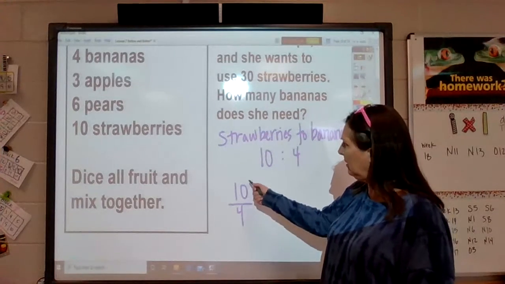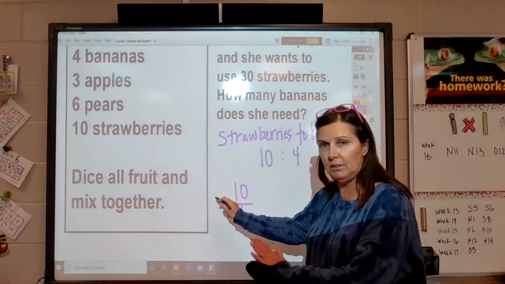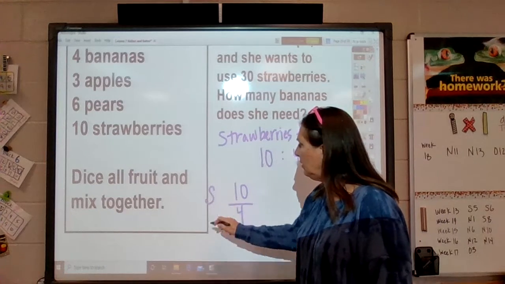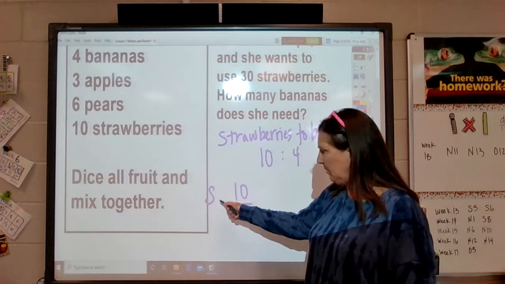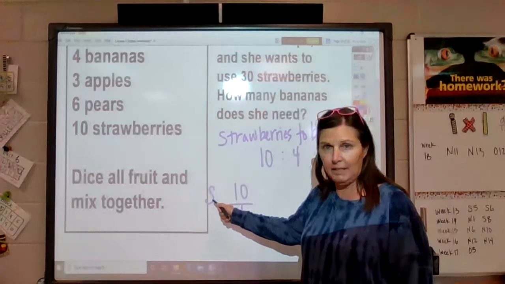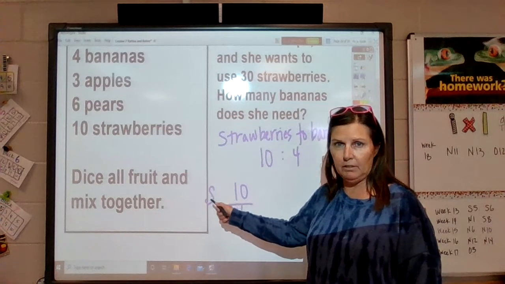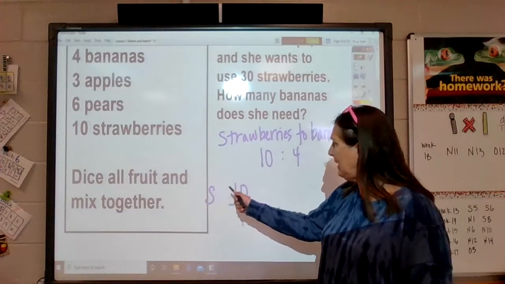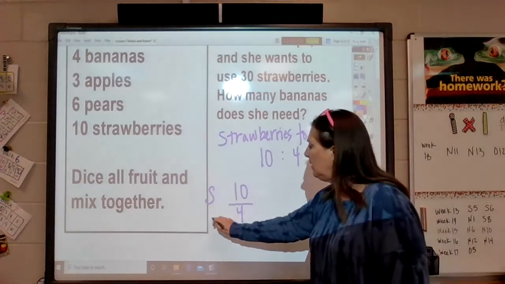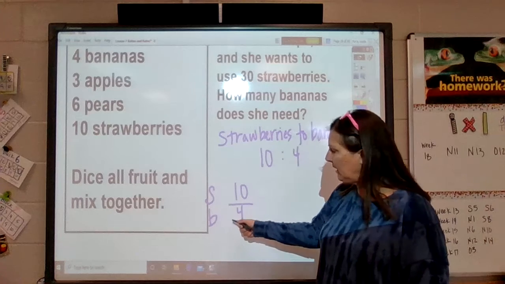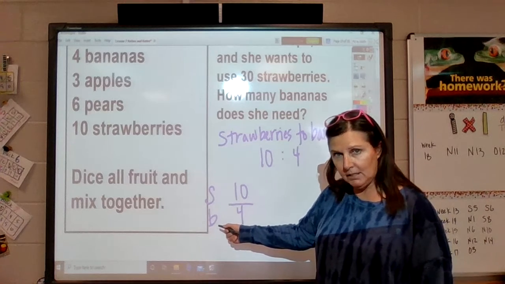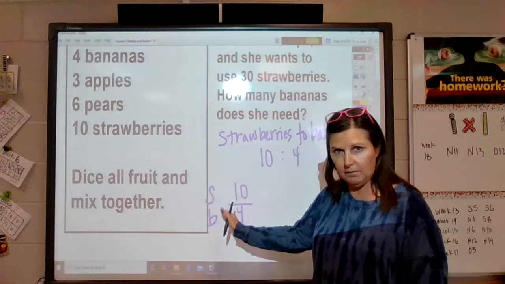That 10 goes with strawberries, so over here to the side, you're going to put an S. Be careful to leave some space here because some people write an S that looks like a 5, and that can make a big mistake. So just make sure you leave a little space. So that's the S, and then the 4 is bananas. Same thing here. A B can kind of look like a 6. So leave your space there.